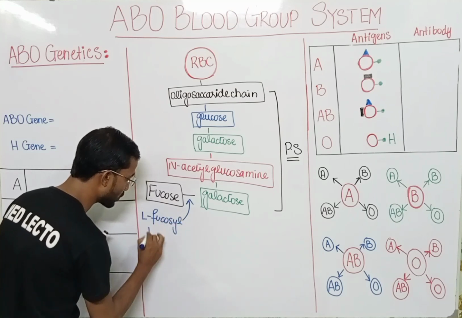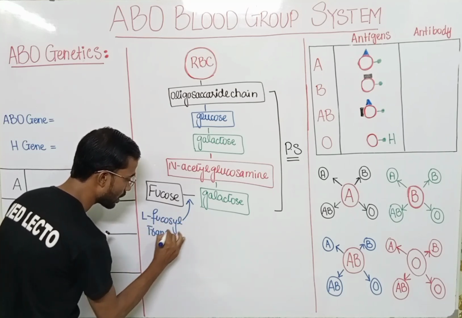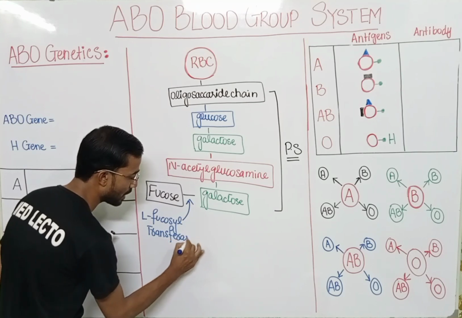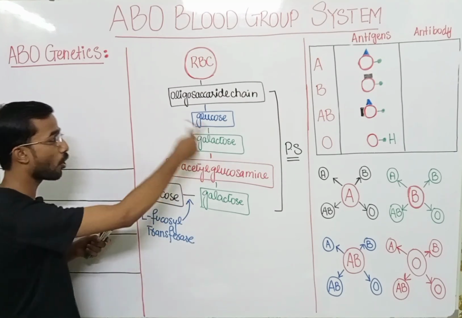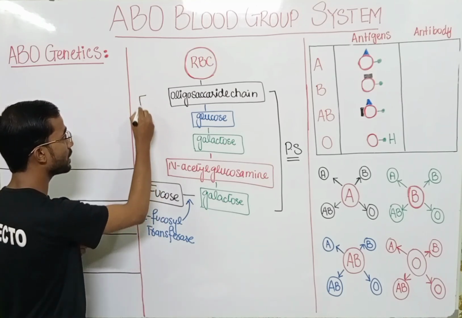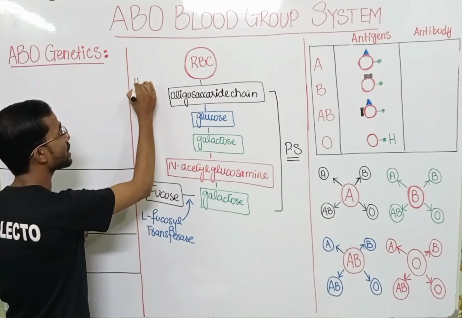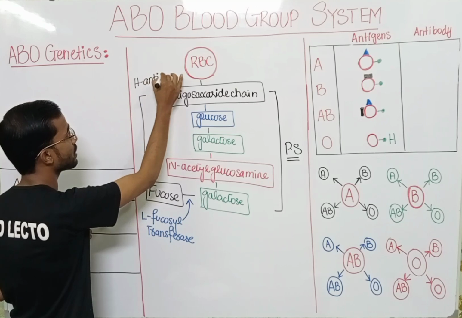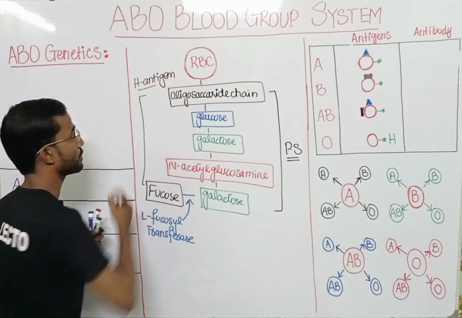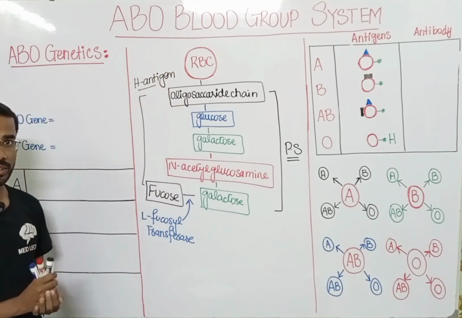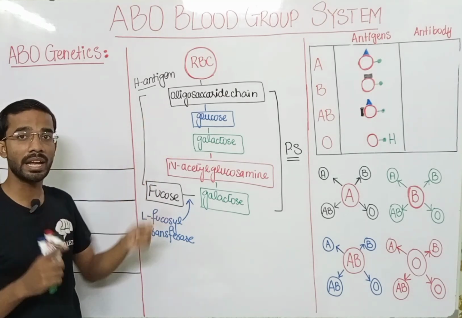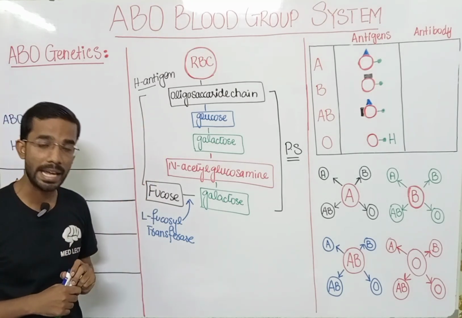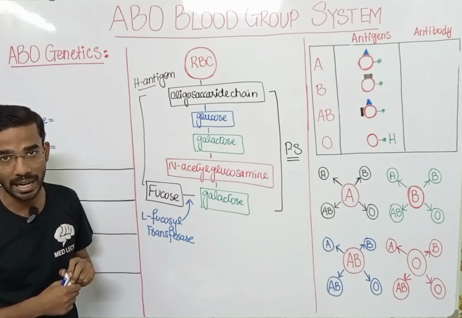That enzyme adds the fucose, and now this whole structure will become the H antigen. This is called the H antigen. After that, we know that the H antigen can convert into either the A antigen or the B antigen.